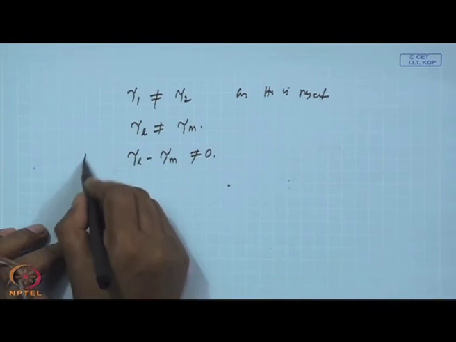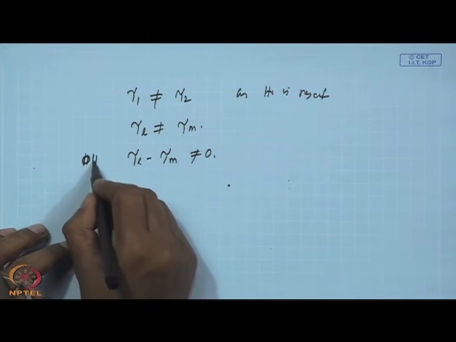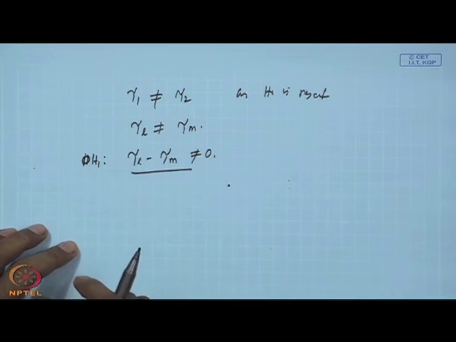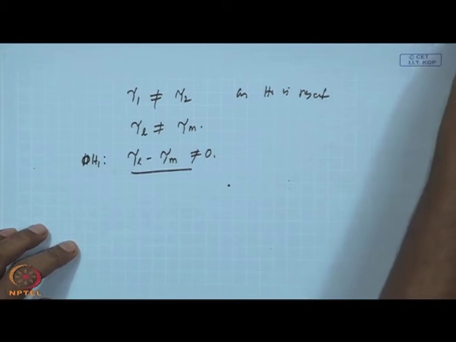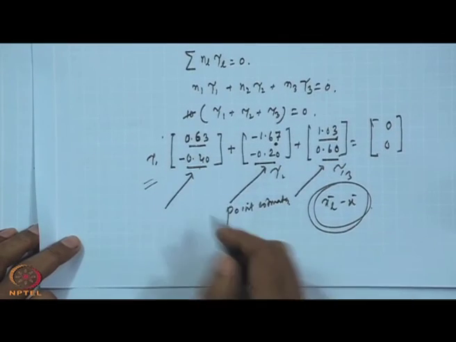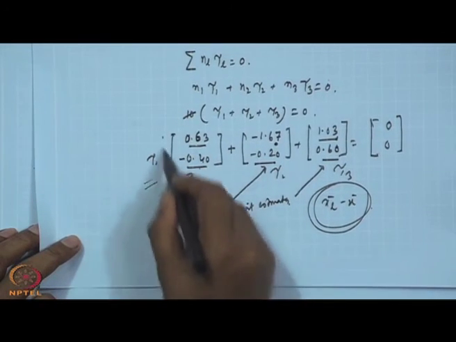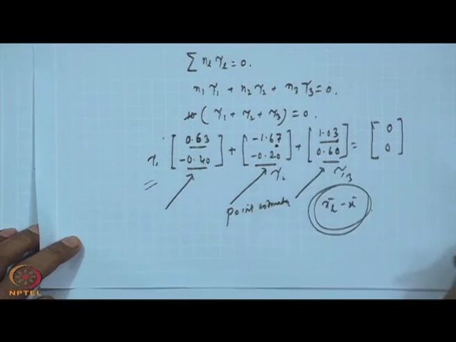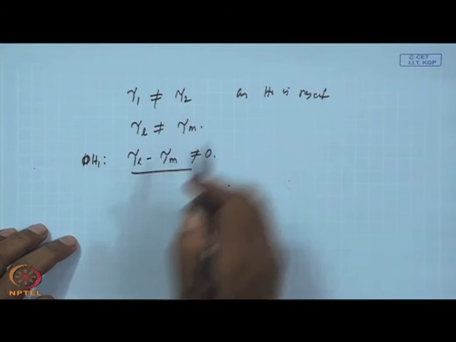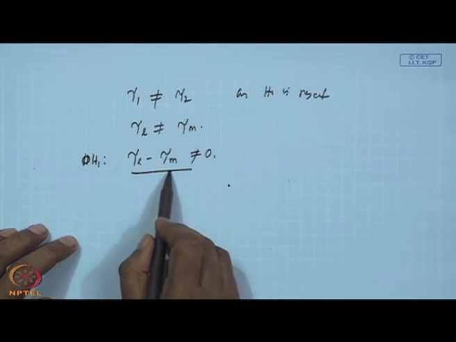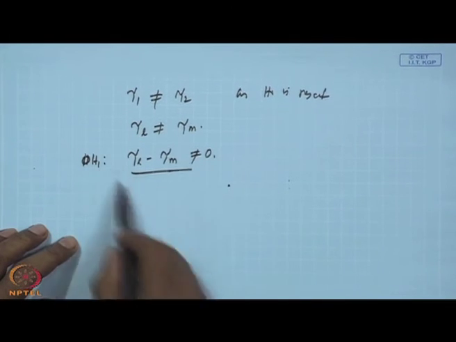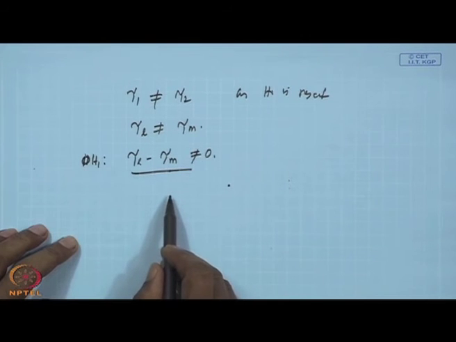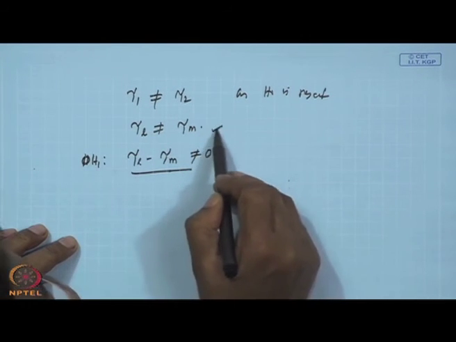That is your alternate hypothesis. So, what I said earlier is that for individual tau L you can go for interval estimation also. We are here going for interval estimation of the difference, because that is what we want as H1 is accepted.